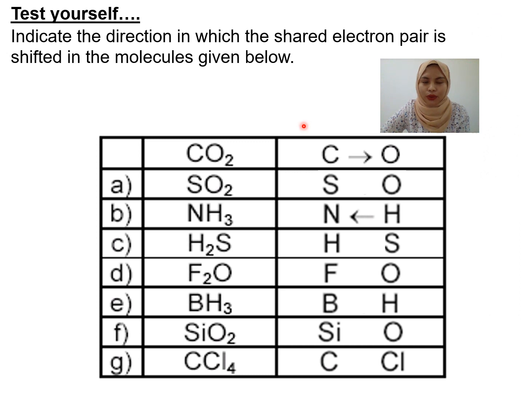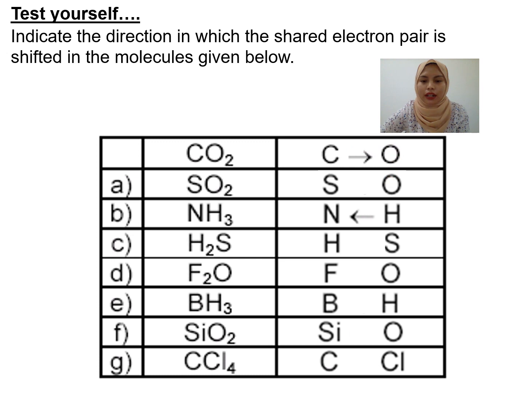Okay, so what I want you to do now is buat some exercise about pergerakan dipole moment. Okay, pergerakan dipole moment ialah daripada positive end kepada negative end. Kalau atom tu dia positif, sekiranya dia less electronegative.